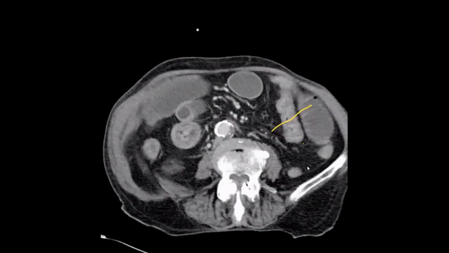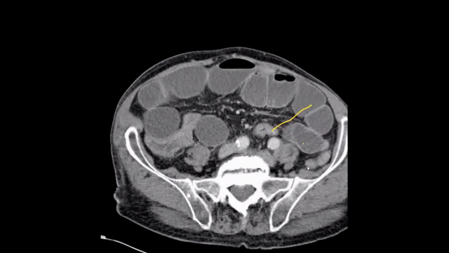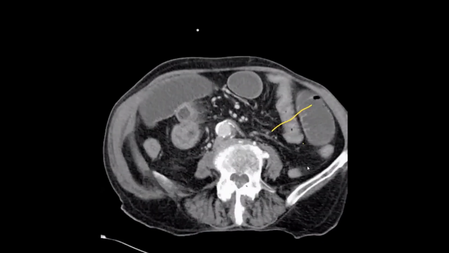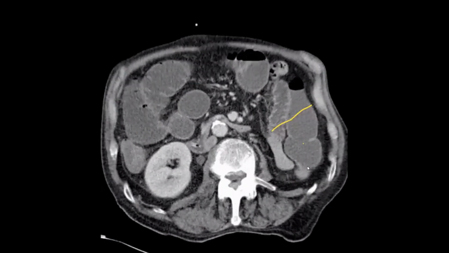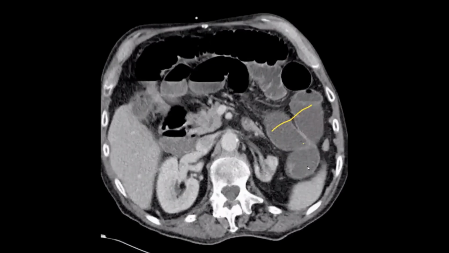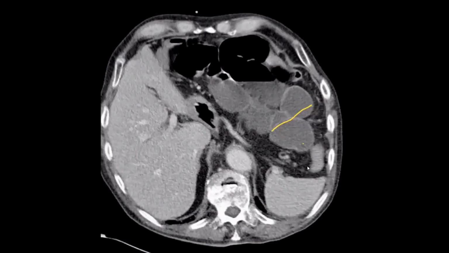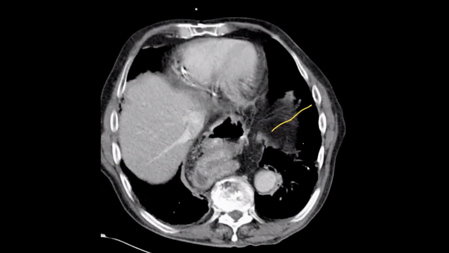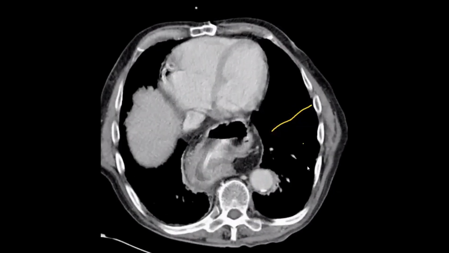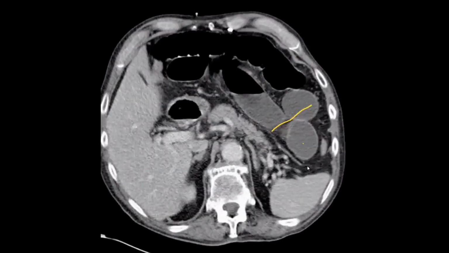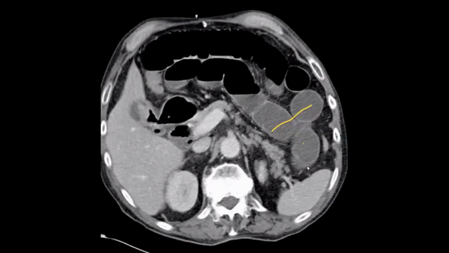So I am concerned that there is an impacted stone here, which is causing the upstream dilatation, because after that there is marked change in the caliber of the bowel loop. Very nice. I can also appreciate air densities within the biliary channels, and that signifies pneumobilia.